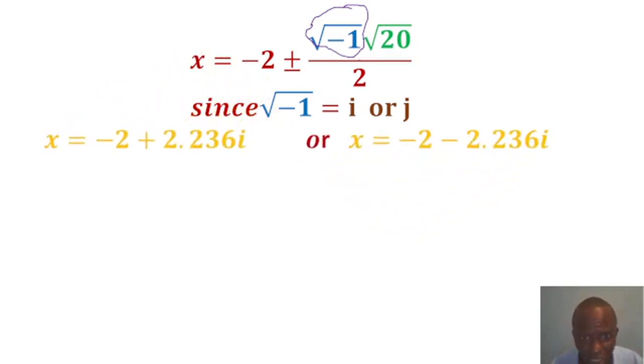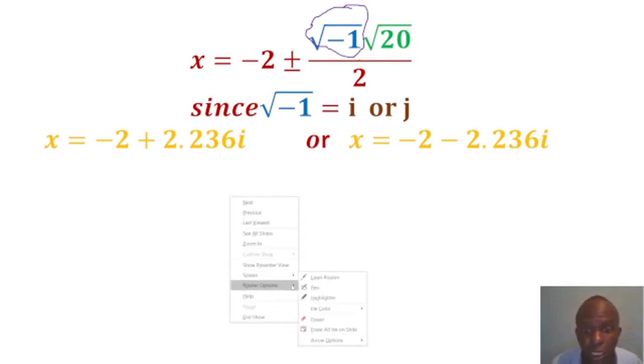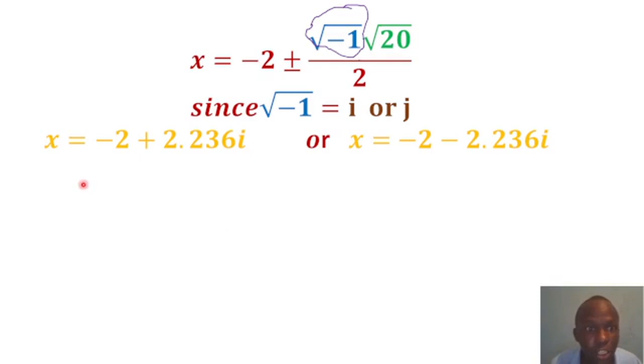Now let us look at what the solution gives. So x is equal to negative 2 plus 2.236i. Why are we saying I?